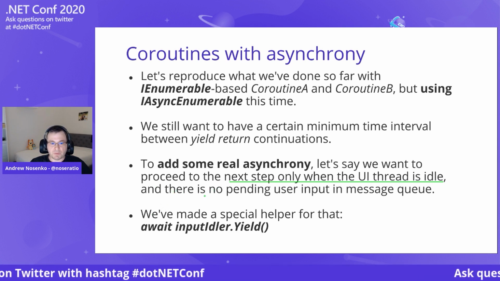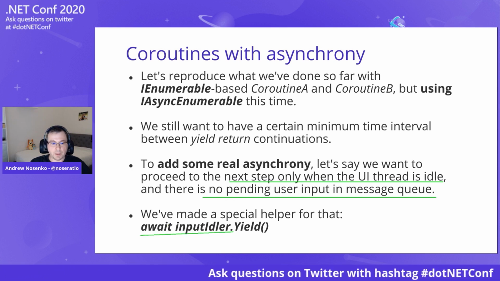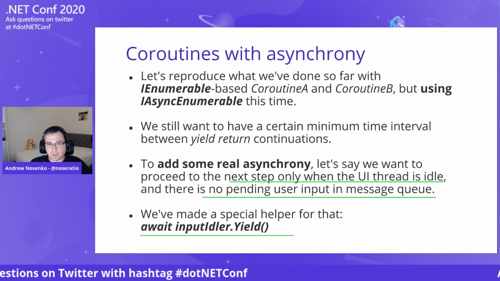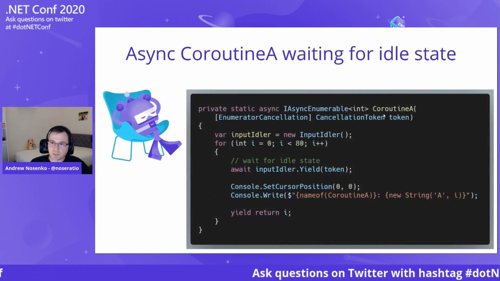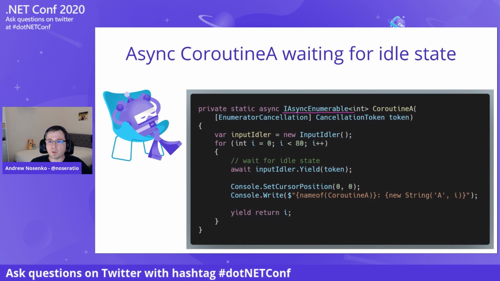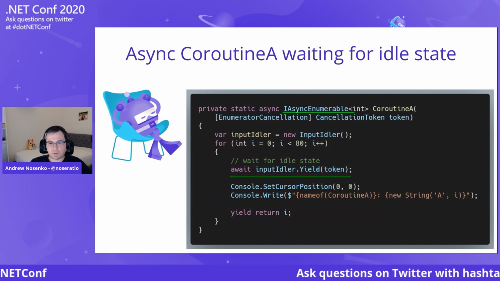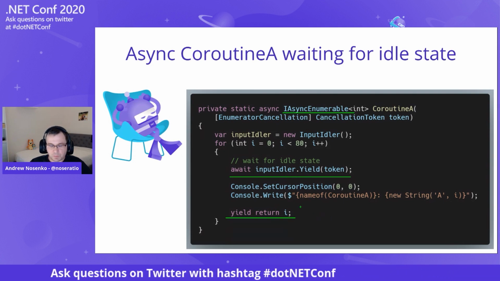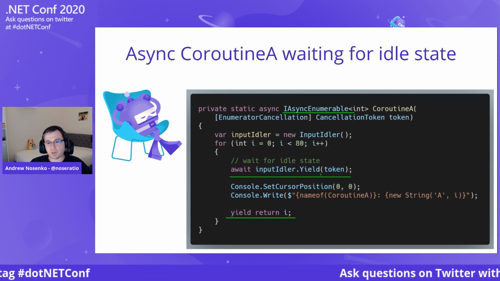And we also want to do that if there is no pending input on the UI thread message queue. So for that, I created a little helper class, which is called InputIdler. You can find it in my GitHub repo for this talk. And I'm going to use it inside coroutine A and coroutine B. So coroutine A now is IAsyncEnumerable based. There we have our little asynchrony here. We await the result of this InputIdler. And just as before, we just return the current for index as a progress notification.